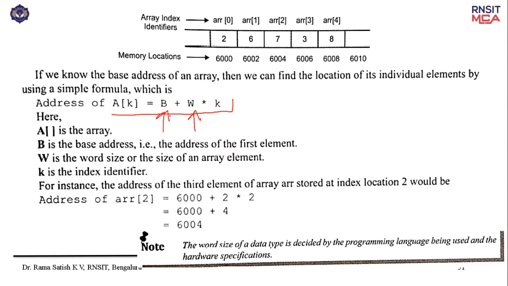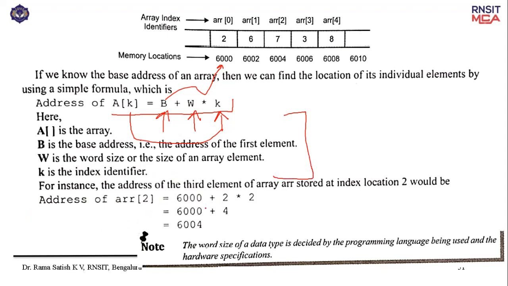Base address is nothing but the address of the first element, so the first element of the array we call the base address. And k is the index number of a particular element.